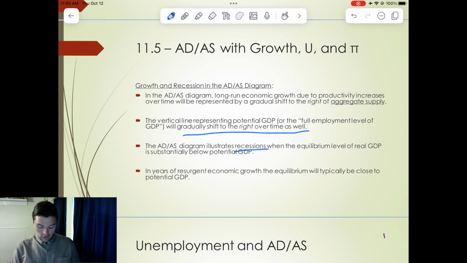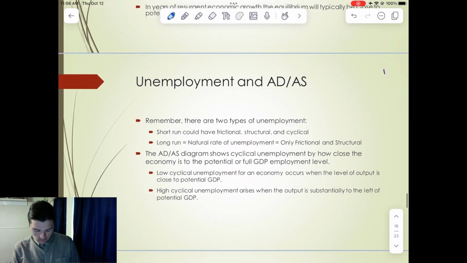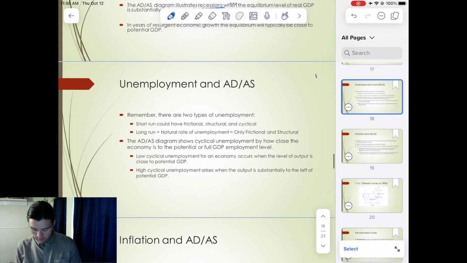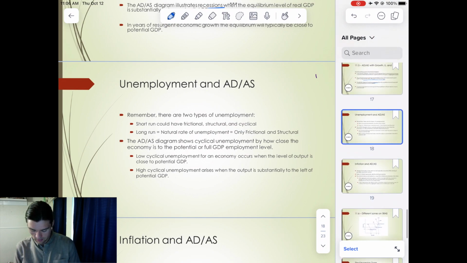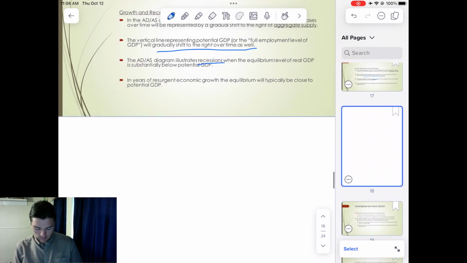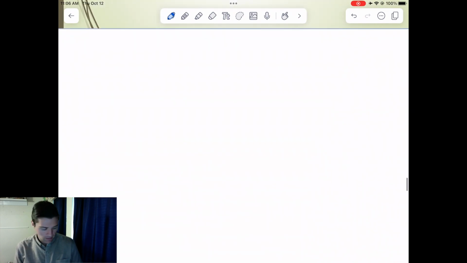In years of resurgent economic growth, the equilibrium will typically be close to the potential GDP. It is possible to go past your potential. So let me illustrate what's really going on here. When we are drawing these graphs, what you want to do is this.